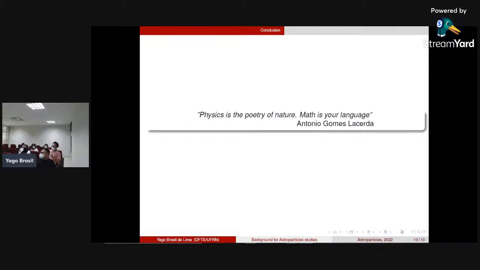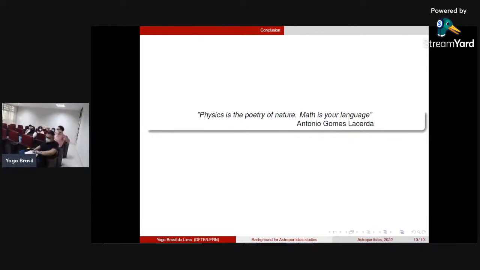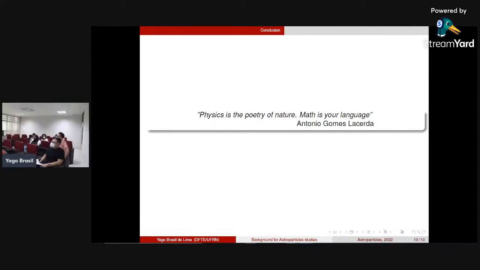And this is something important to understand when you're talking about fields, because in quantum field theory, position is no longer an operator. This is weird when you pass from quantum mechanics to quantum field theory. So I think those are two important comments.